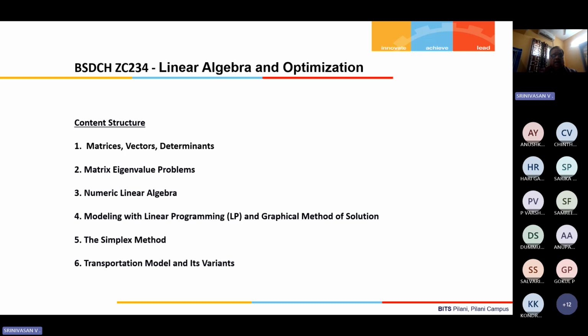There are many. And finally, we will be ending with the transportation model and its variants. The first 3 modules are devoted to the study of linear algebra, and the remaining 3 are devoted to the study of OR, operations research or optimization techniques. To start with, we have today from module 1, matrices.